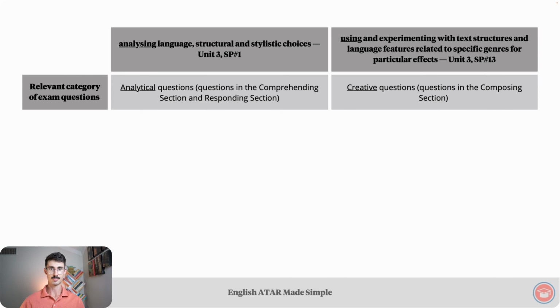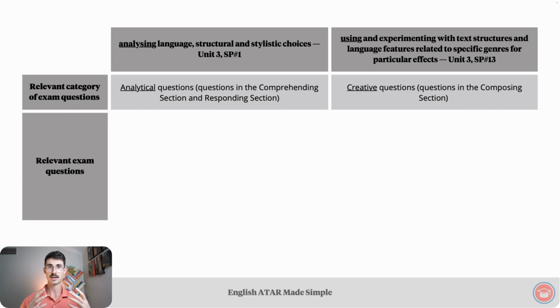Then the final syllabus point, using and experimenting with text structures, relates to creative questions, or questions that come up in the composing section of the exam. Here are examples of past exam questions that relate to each syllabus point. In other words, here are examples of how each syllabus point has manifested in past WACE exam questions.